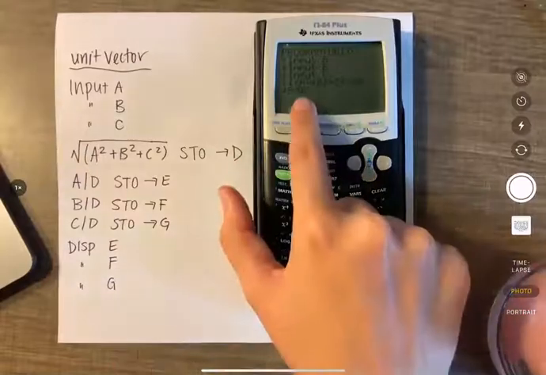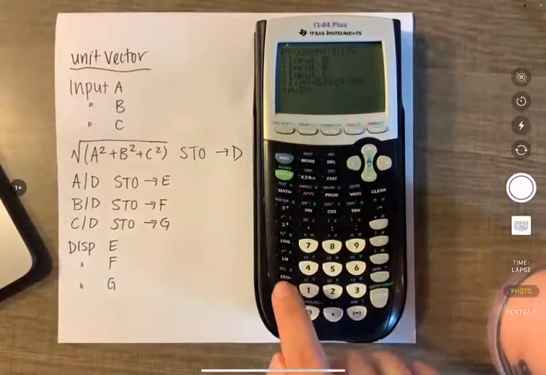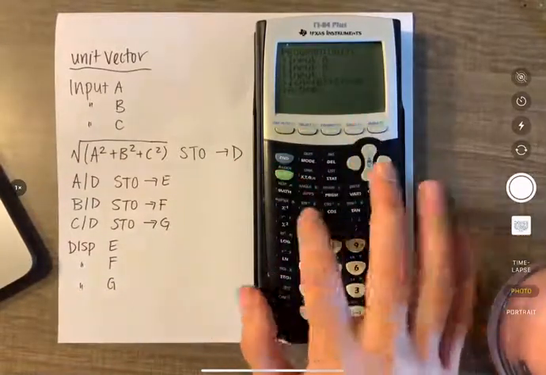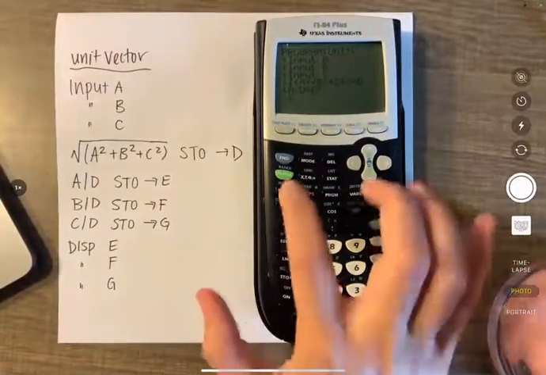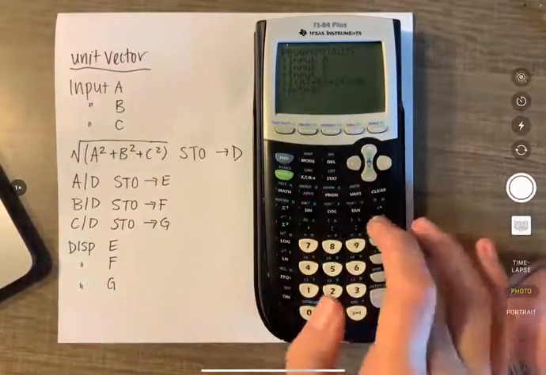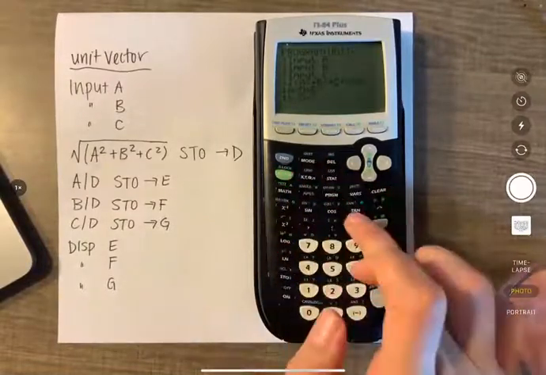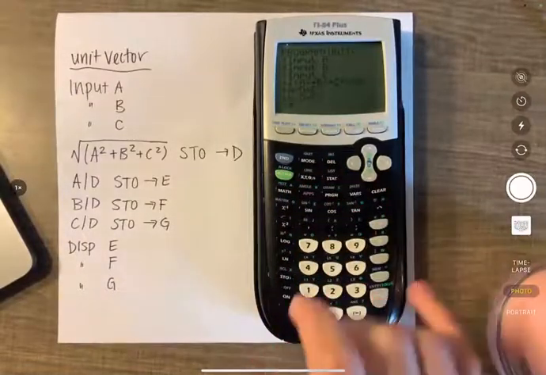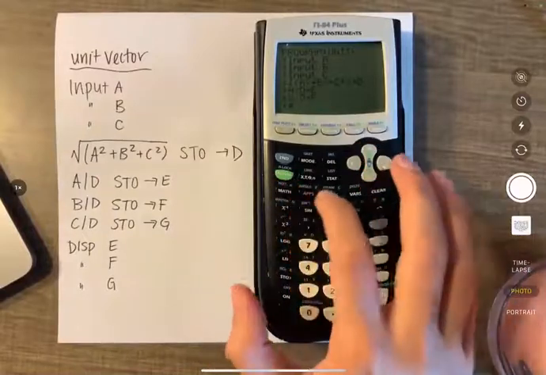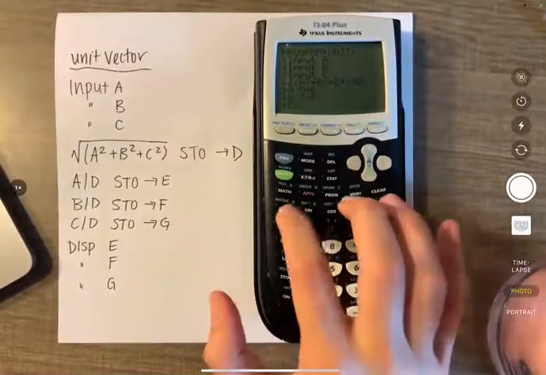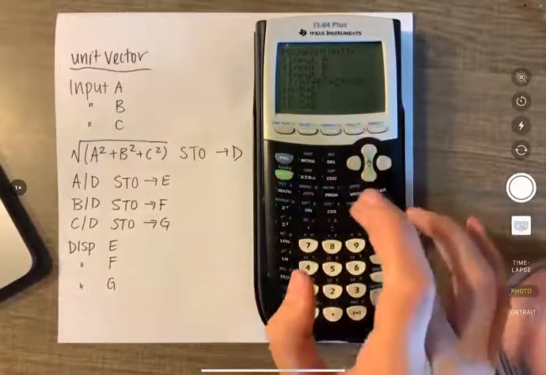So that's what I did here. I did A divided by D, and then I want to store that as a different letter, so I'm going to store that as E. Then I'm going to do the same thing for B and C. So it's going to be B divided by D, store as F, and then C divided by D, stored as G.